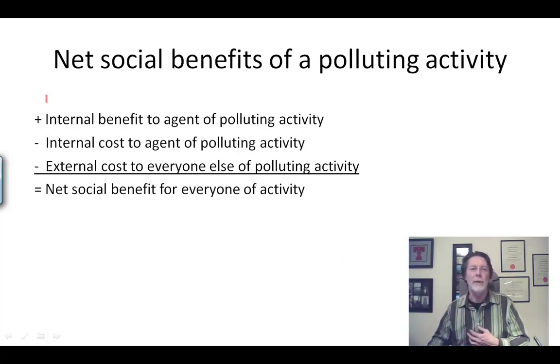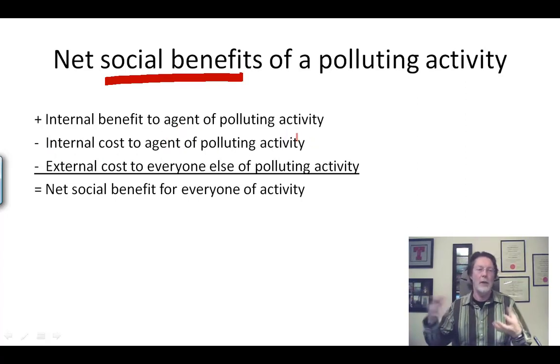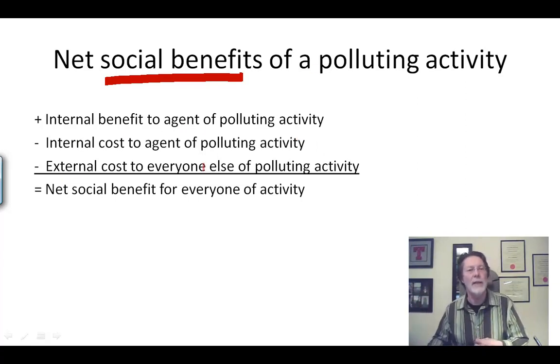The net social benefits are the internal benefit to whoever's doing the pollution, minus the internal cost to this same agent of making the activity. So whatever the cost-benefit situation of the polluter is, minus the external cost to everyone else of the polluting activity.